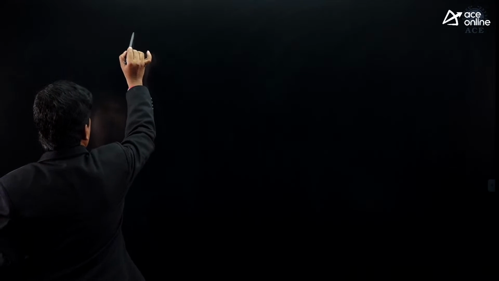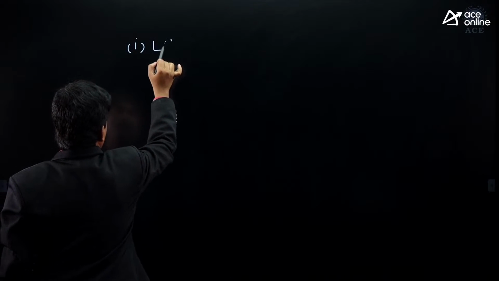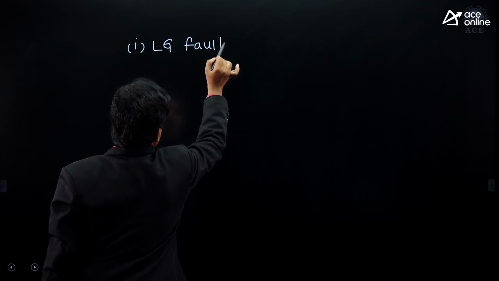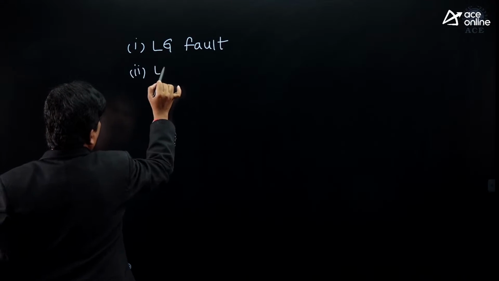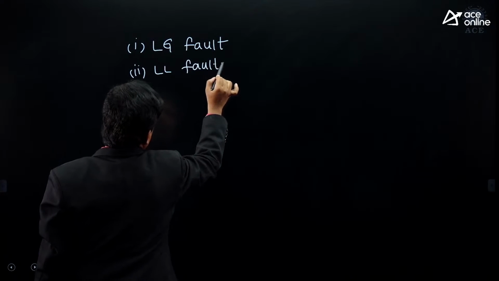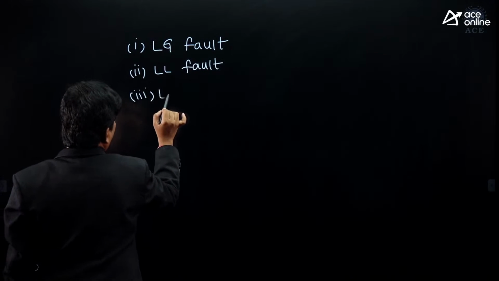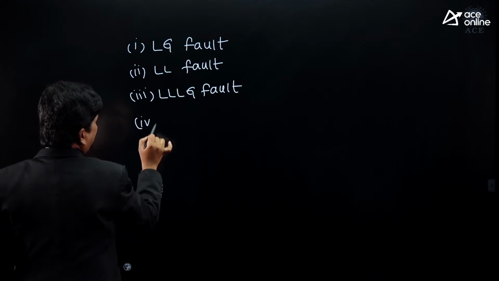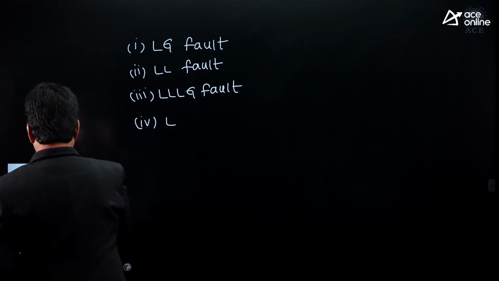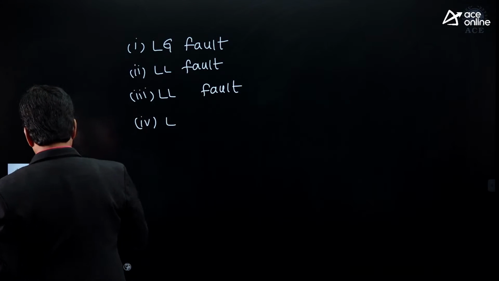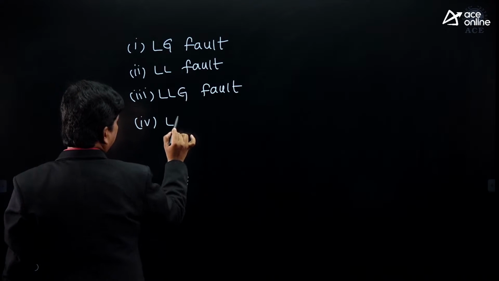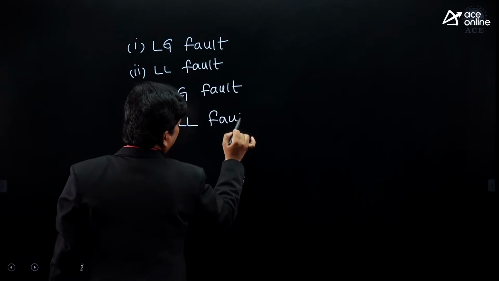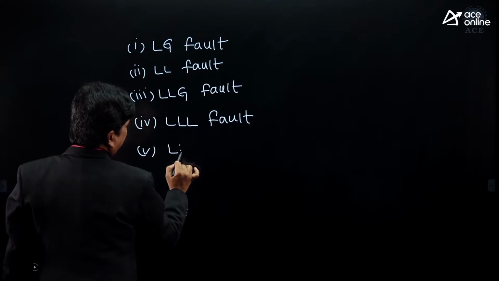Coming to the classification of the short circuit faults, the first one is LG fault, the second one LL fault, the third one LLG fault, the fourth one triple L fault, and the fifth one triple LG fault.